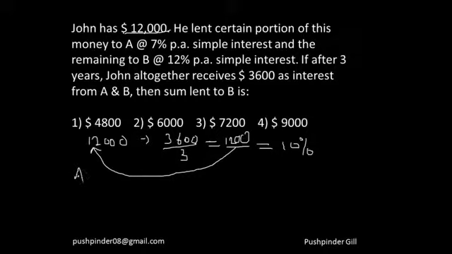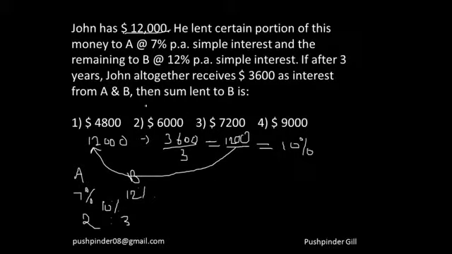So in A, if you just visit that diagram in the previous slide, the money in A was invested at 7%, the money in B was invested at 12%, and overall he got 10% return. That means it will be in the ratio 12 minus 10 is 2 and 10 minus 7 is 3. You don't need to worry about the negative values, just always take the positive value. That means the money was divided in A ratio B as 2 ratio 3.